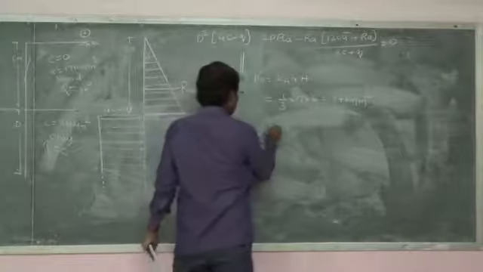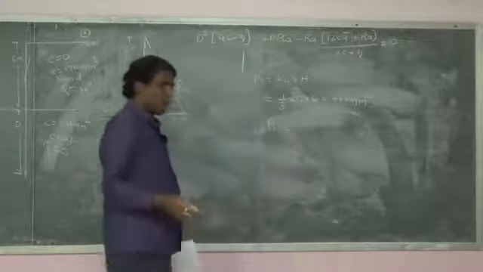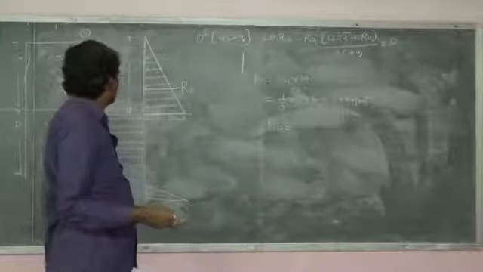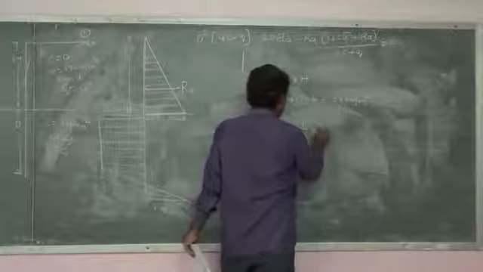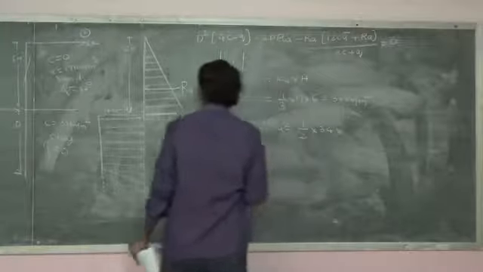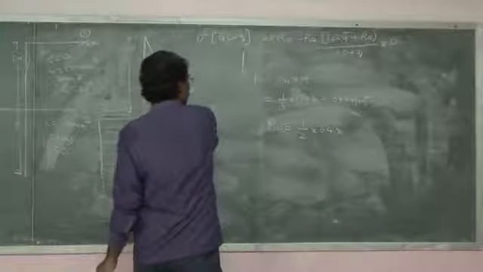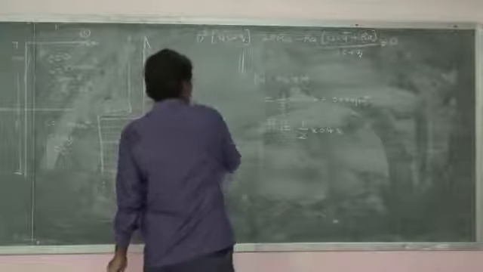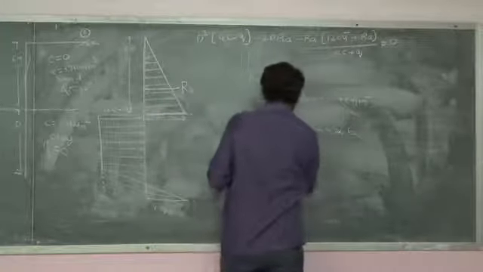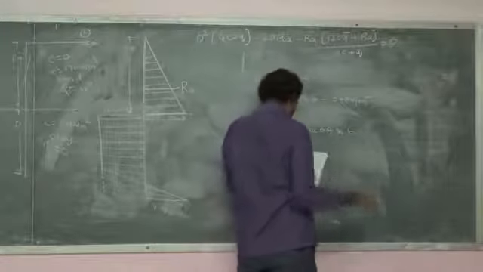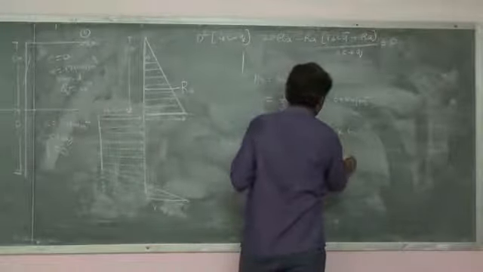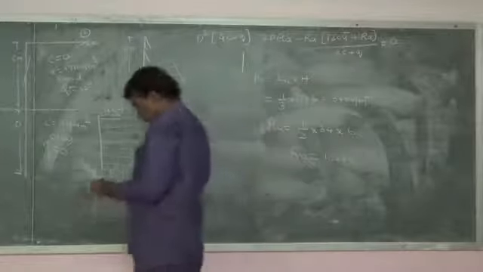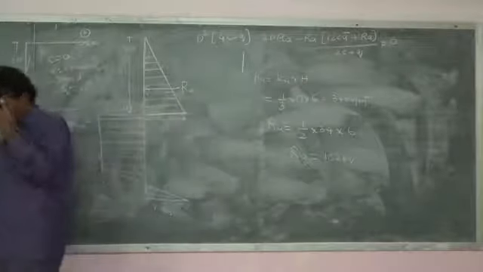And RA is equal to half into 34, this base you have just calculated, into height 6. If you simplify this, RA is going to be 102 kilonewton.